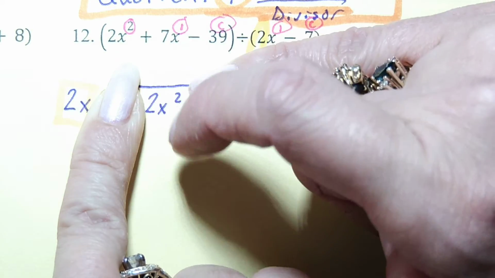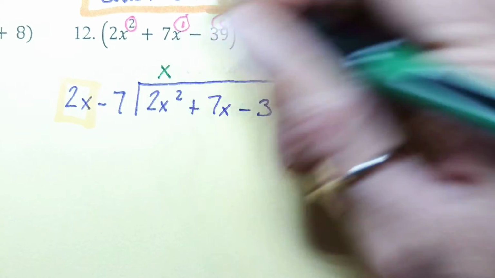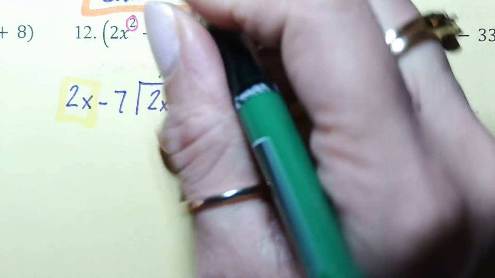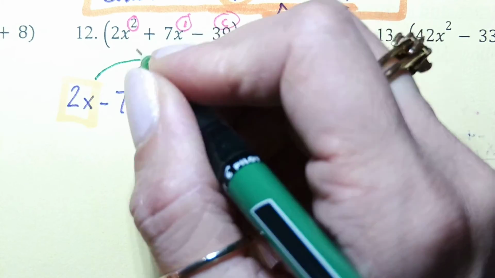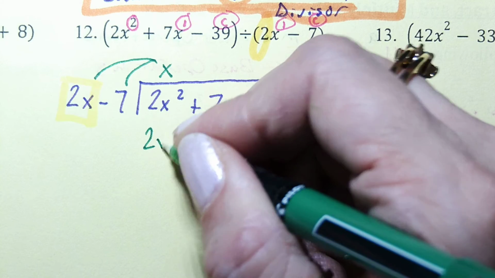And x times what gives me x squared? X. So you can write 1x or just x. Leader term decides what goes on the dividing house, and we're just trying to get a match with that first term. Then I multiply by both the leader term and the tag-along term, and that gives me my first line.